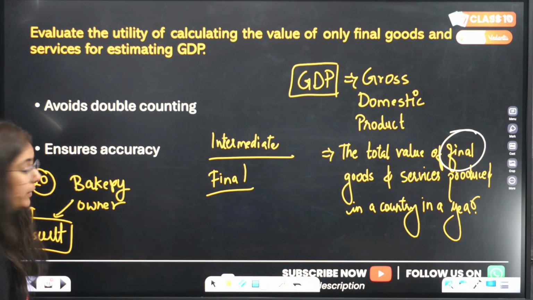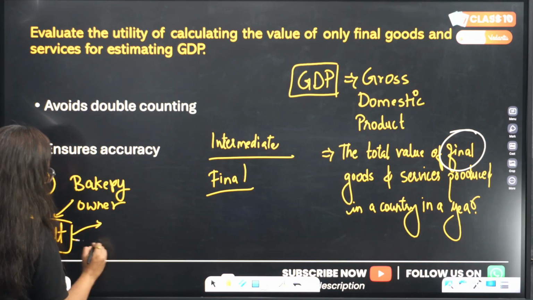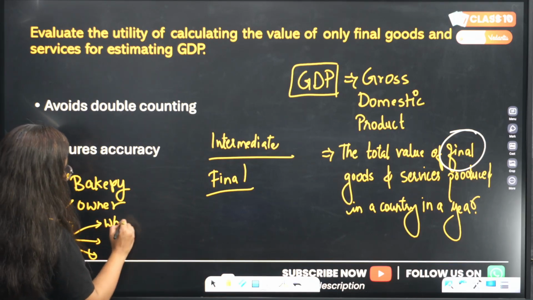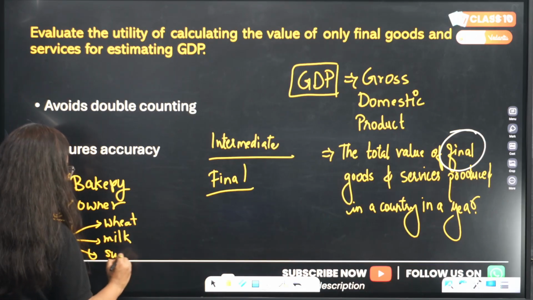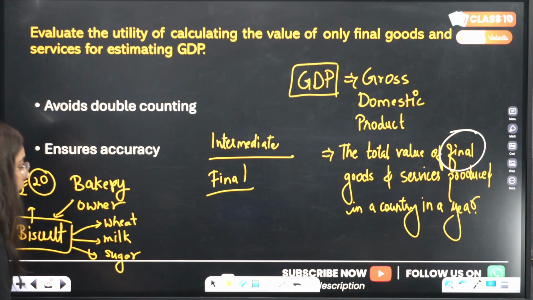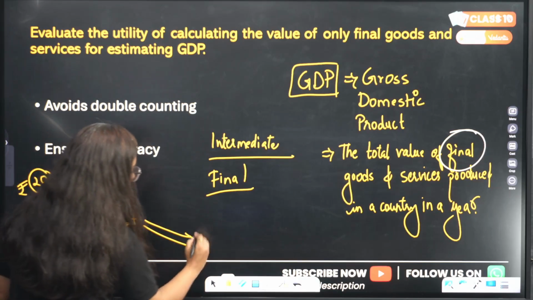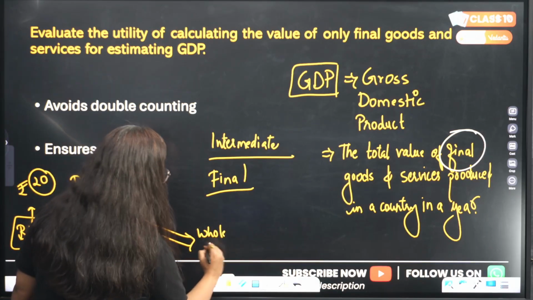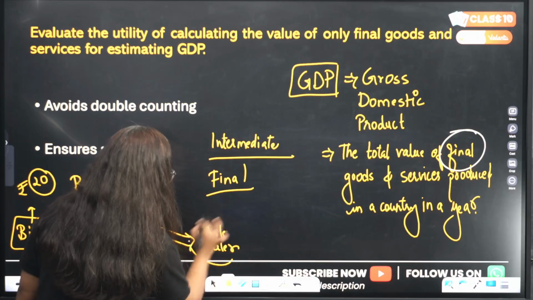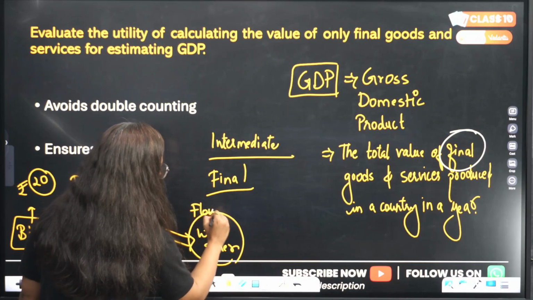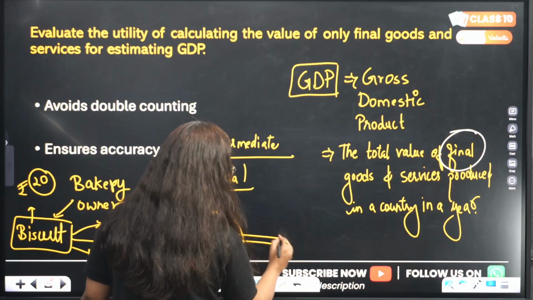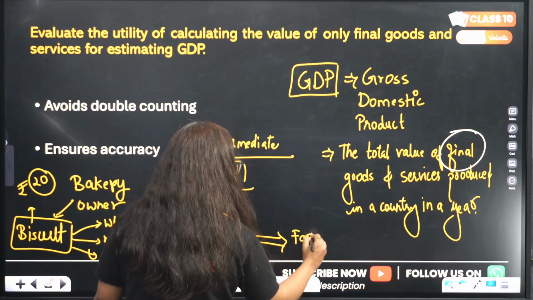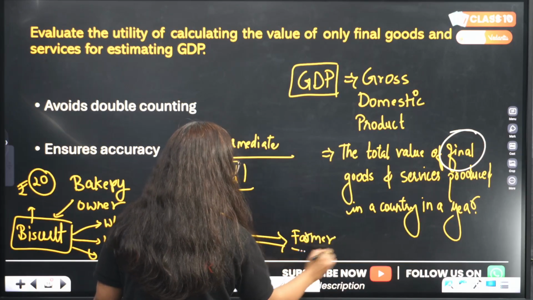That packet is 20 rupees each, but for that packet I use wheat, milk, and sugar. For wheat I go to a wholesaler and buy wheat flour from this person. However, this wheat flour is bought by the wholesaler from a farmer, as wheat.